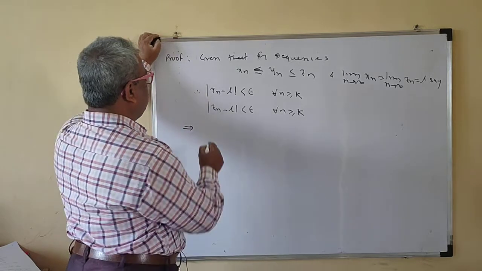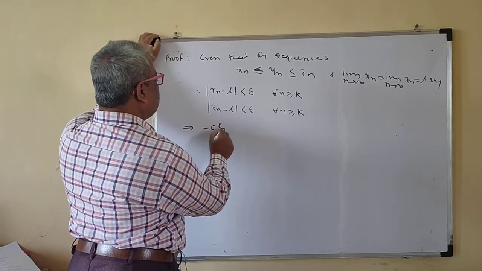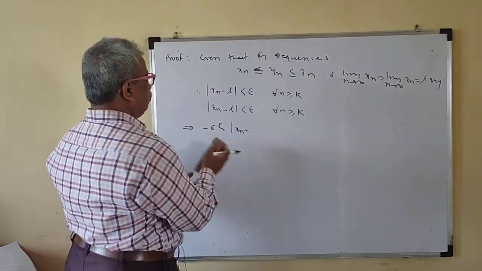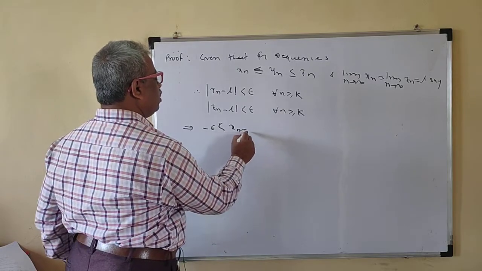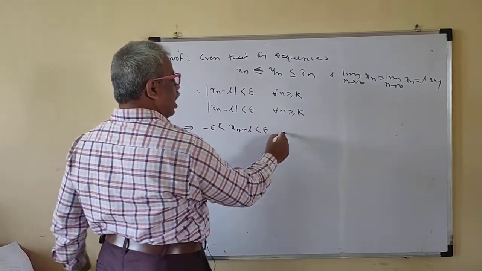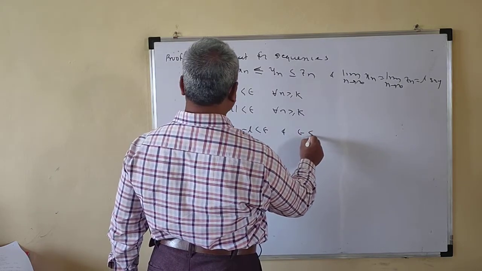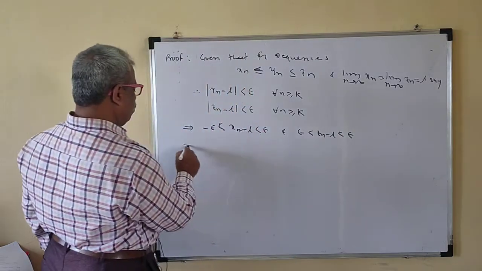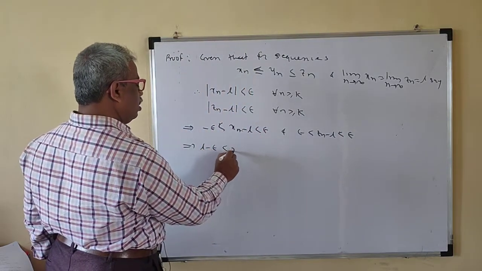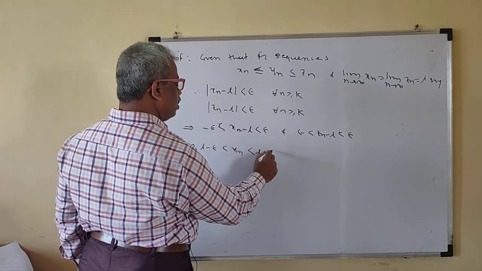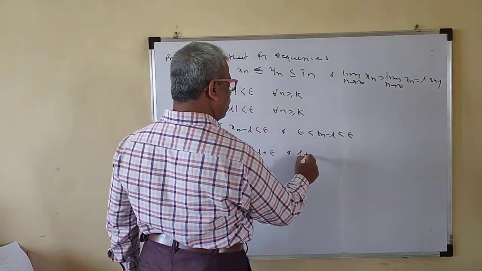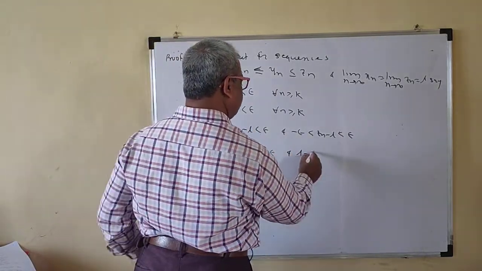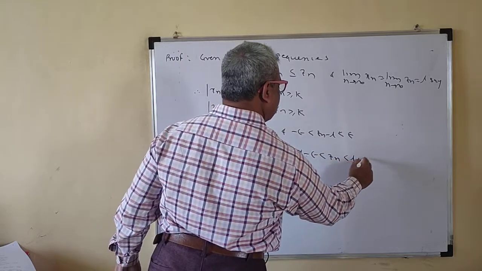This implies that minus epsilon is less than xn minus l is less than epsilon, and minus epsilon is less than zn minus l is less than epsilon. So l minus epsilon is less than xn is less than l plus epsilon, and l minus epsilon is less than zn is less than l plus epsilon.